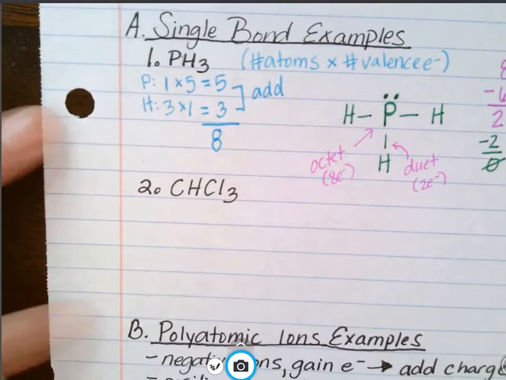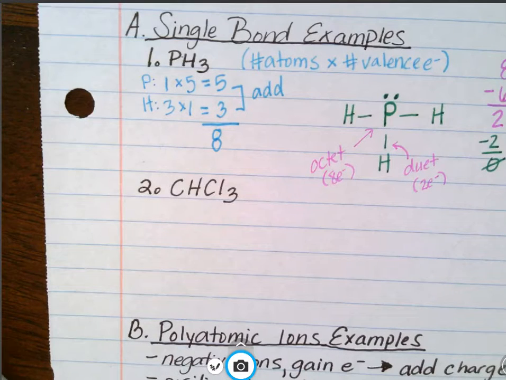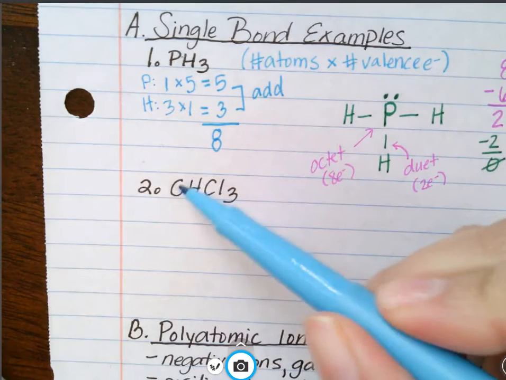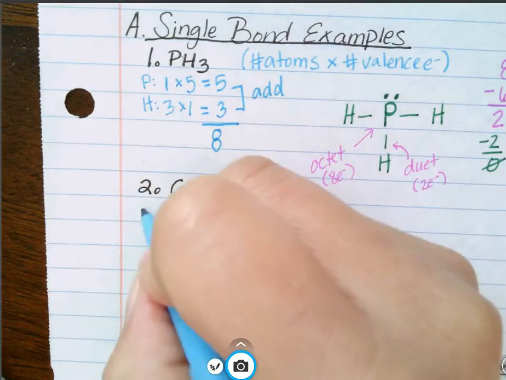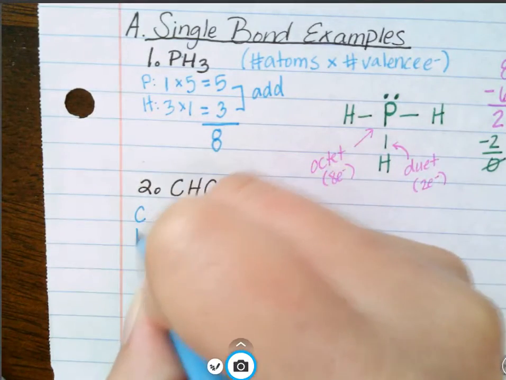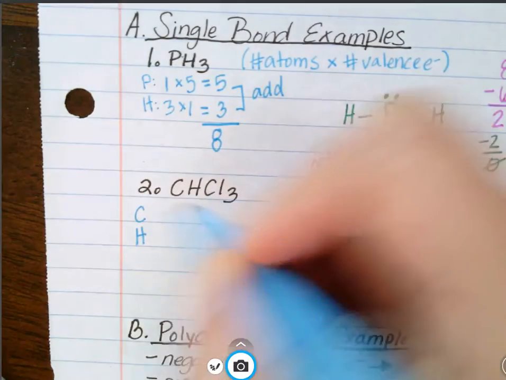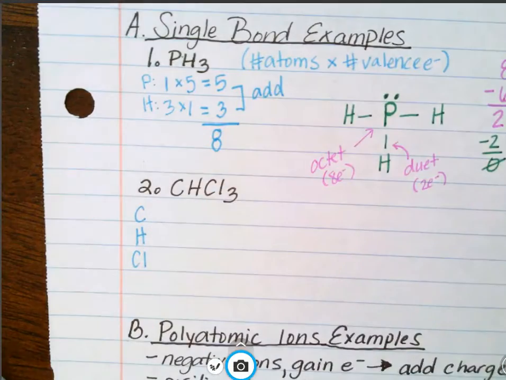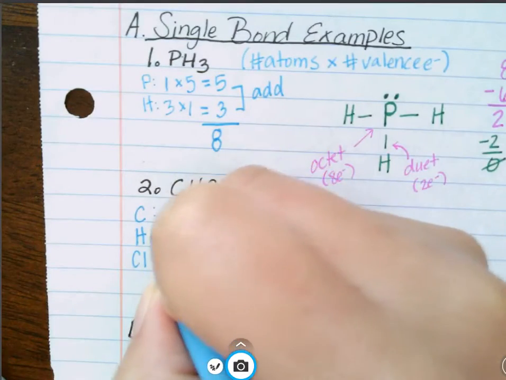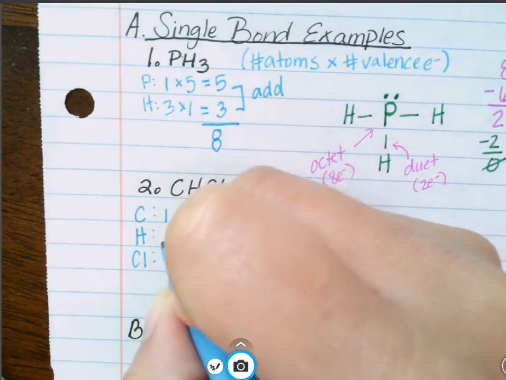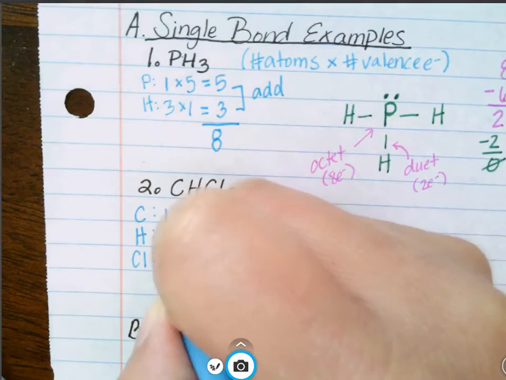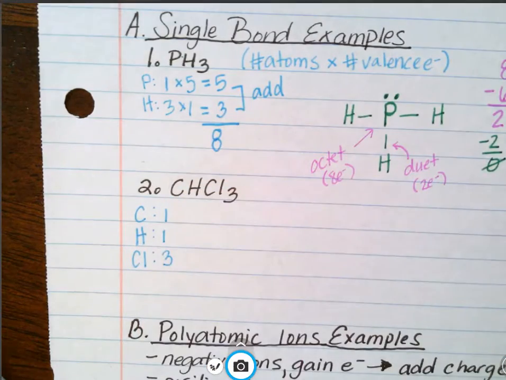All right, let's try this one. Okay, so I'm going to go through and count up all of my atoms. So I've got 1 carbon, look for capital letters, 1 hydrogen, and that's a chlorine. So 1 of these, 1 of these, and 3 of these.